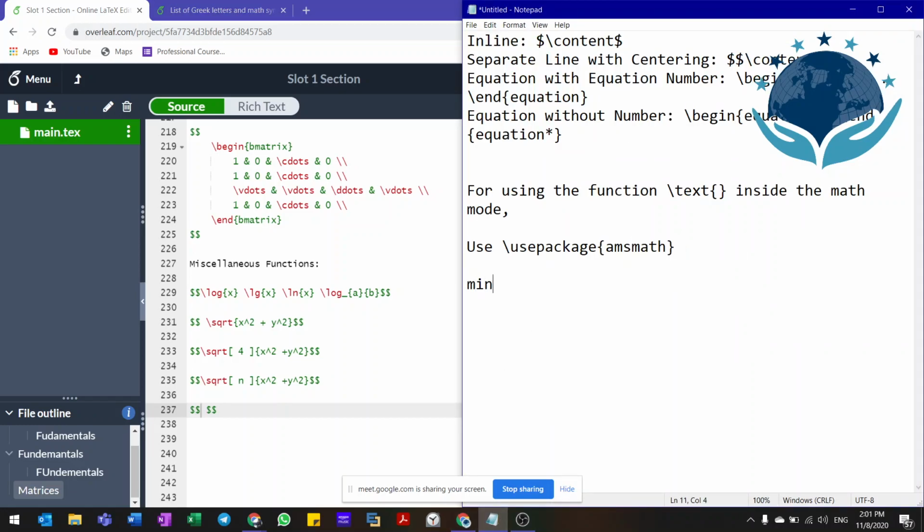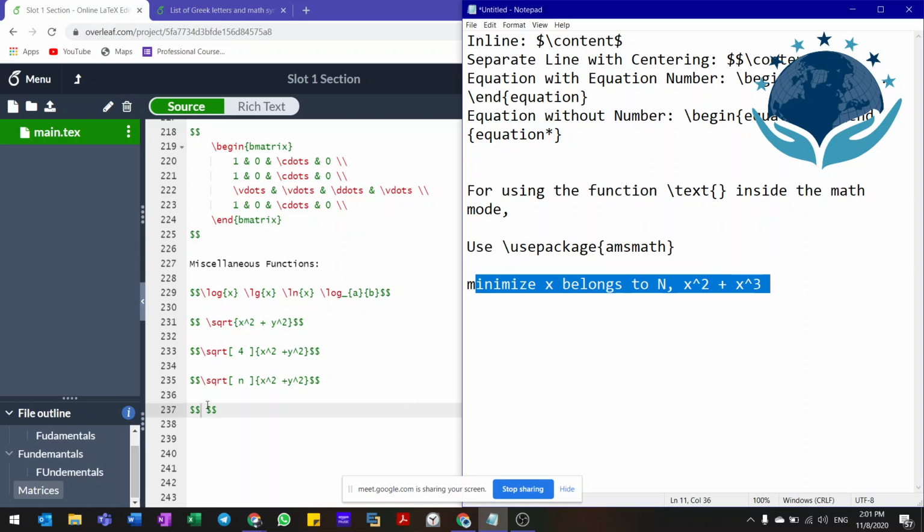So let's say minimize x belongs to N, capital N. You have to minimize x square plus 2x cube. I'm just giving a rough example. So minimize x belongs to N, the function is going to be x square plus 2x cube.